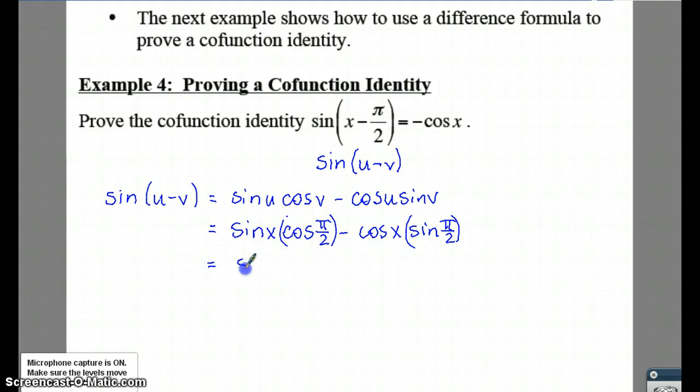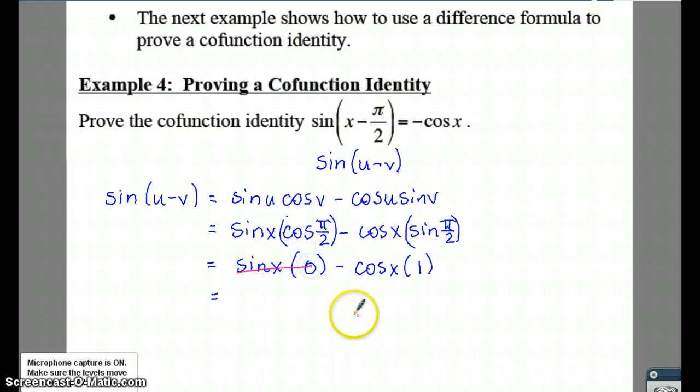The sine of x times your cosine of pi over 2 is just 0, minus your cosine of x times your sine of pi over 2, which is 1. If we simplify, sine of x times 0 is just 0. It's out of there, folks. What you have left over is a negative cosine of x.